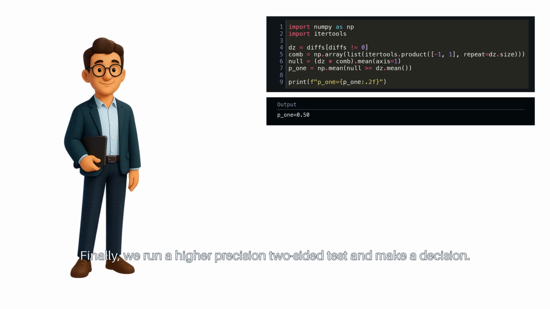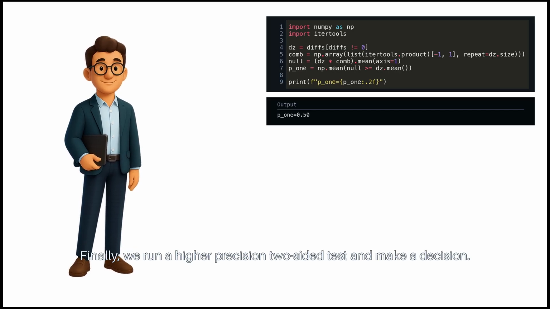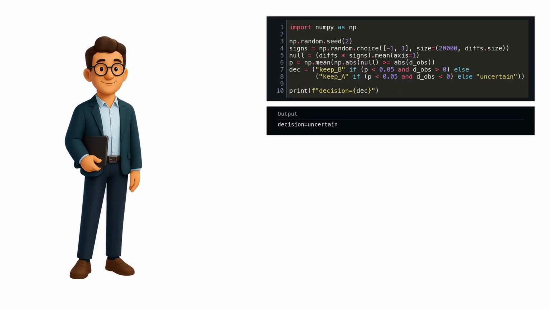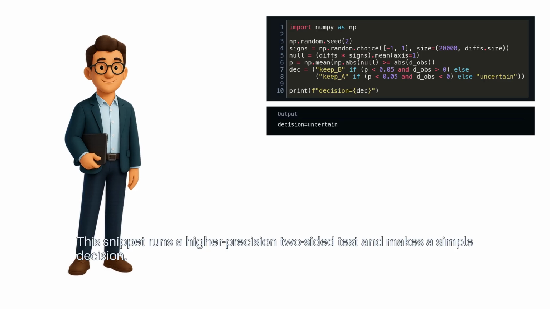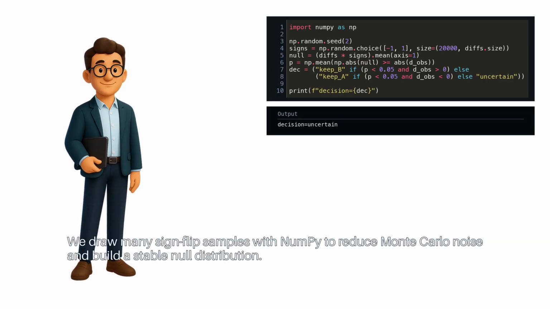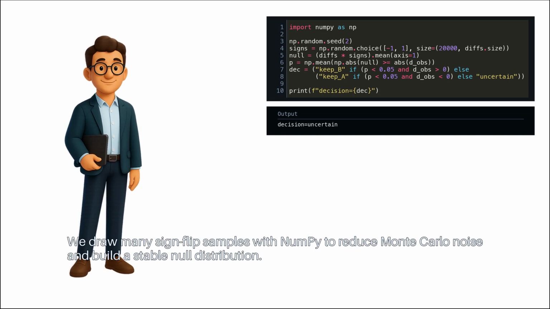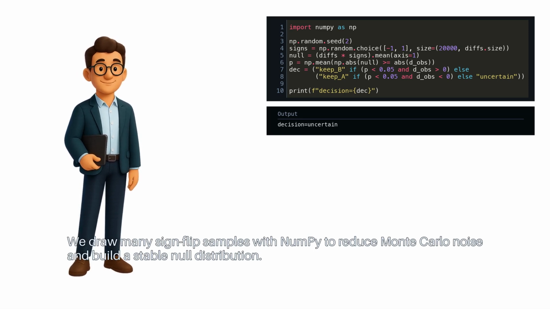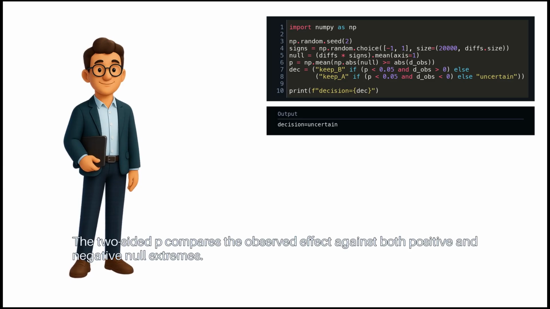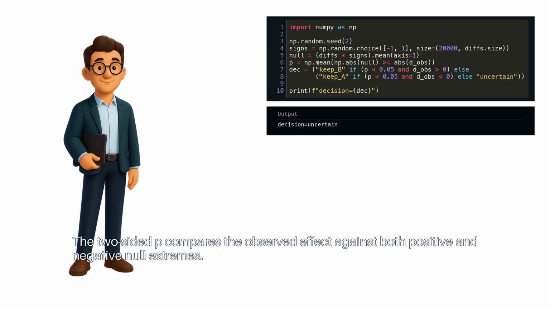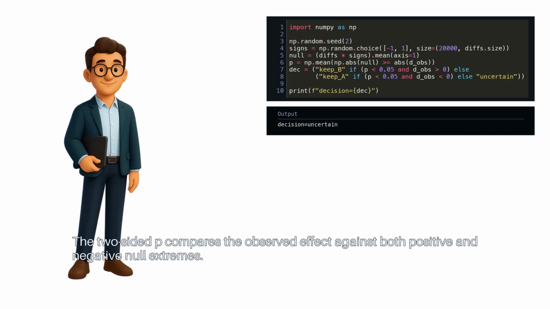Finally, we run a higher precision two-sided test and make a decision. This snippet runs a higher precision two-sided test and makes a simple decision. We draw many sign flip samples with NumPy to reduce Monte Carlo noise and build a stable null distribution. The two-sided P compares the observed effect against both positive and negative null extremes.